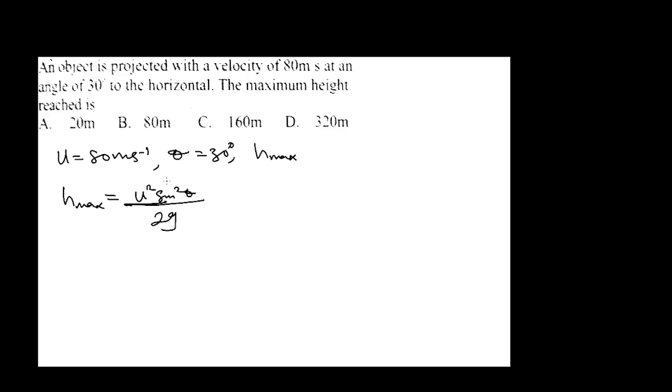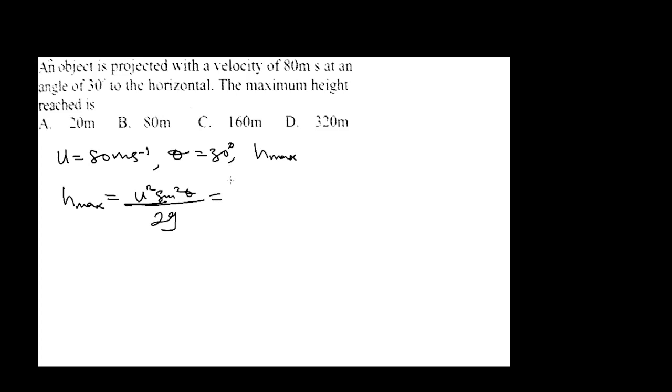So when you watch the video for projectile, you get to see how to derive all this equation. It's very, very important that you watch the video so that you can know how to go about all of this formula. It's not just a formula that somebody just cooked and dropped. So you are going to understand it better when you watch the video.